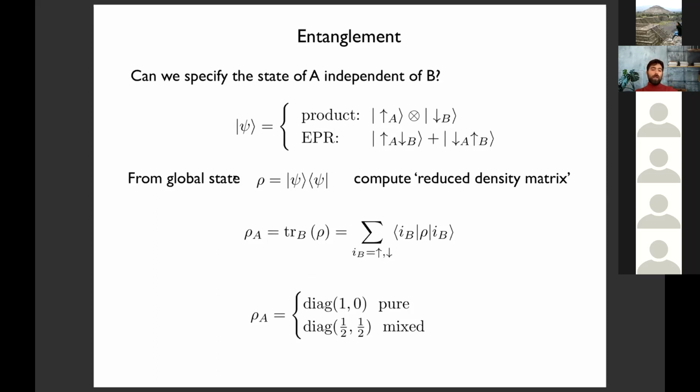Now, typically the calculation that you're interested in is when you start from some global state, which might be pure or might be mixed. In this case, again, it's pure. You want to compute the reduced density matrix.